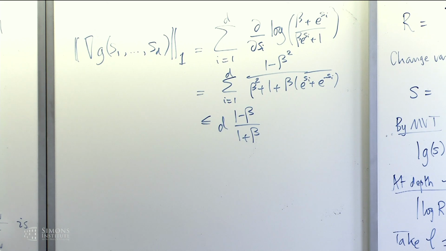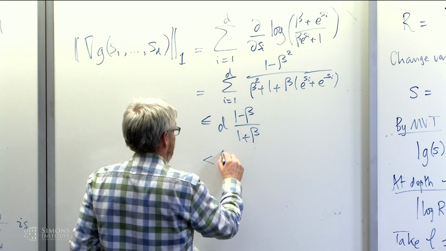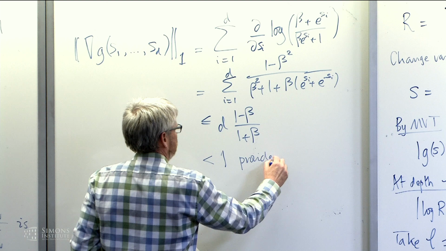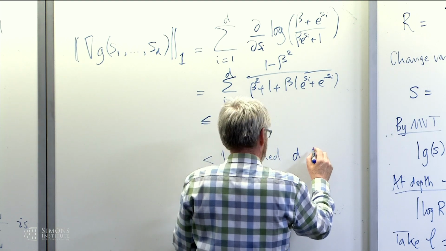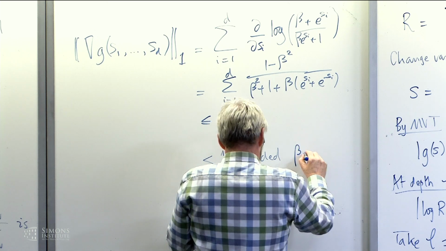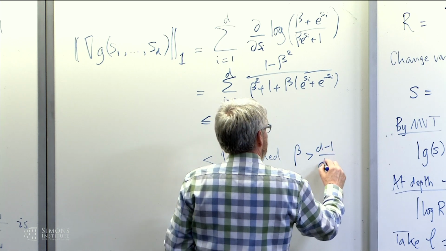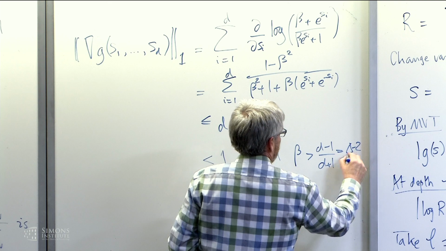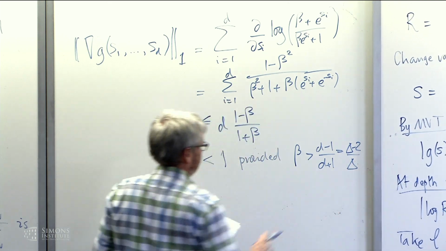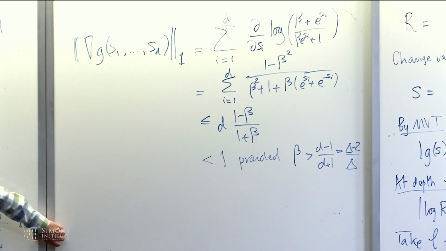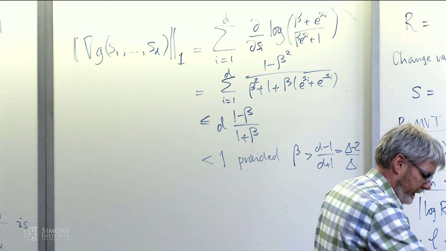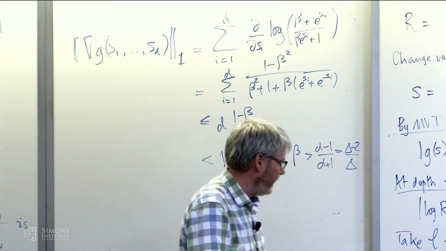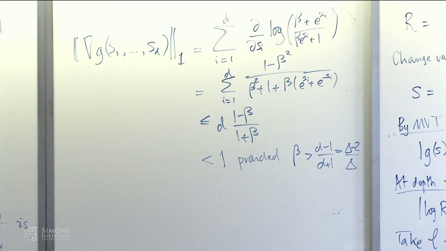And so this will be less than 1, provided beta is bigger than d minus 1 over d plus 1, which is the same as delta minus 2 over delta. So that's the basis of a bunch of correlation decay algorithms.